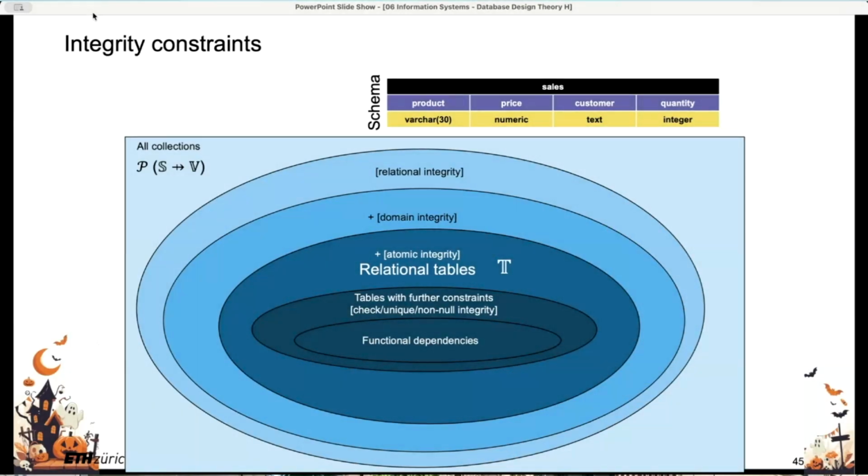So functional dependencies are just the mathematical ingredients to it that I'm going to explain to you. So higher normal forms, higher because atomic integrity is the first one, and that further constrains, right? So it's really this idea that we want to put conditions on the tables that we want to accept in my database.